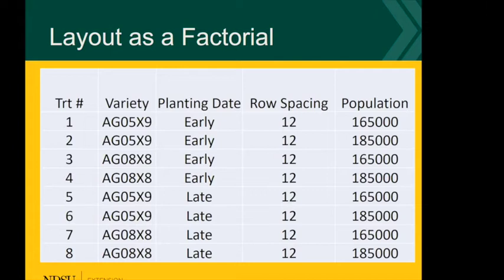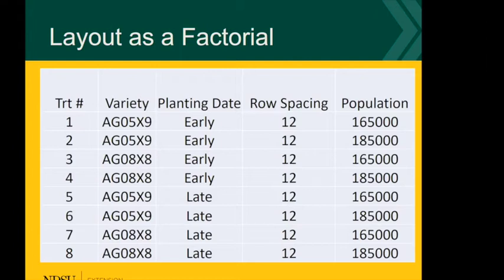Basically we had two variety maturities, an 05 and an 08. And then we had early planting, which was as early as we could get in, and then about 2 weeks later. Now, the 2 weeks later was roughly when 50% of the acres in North Dakota were planted. So I looked at the statistical service data, and the early planting would be considered early planting throughout the state.